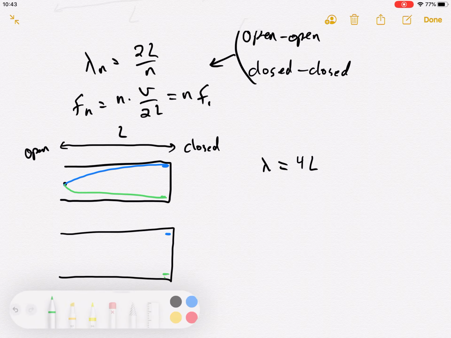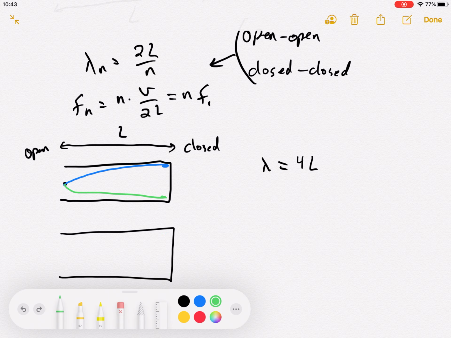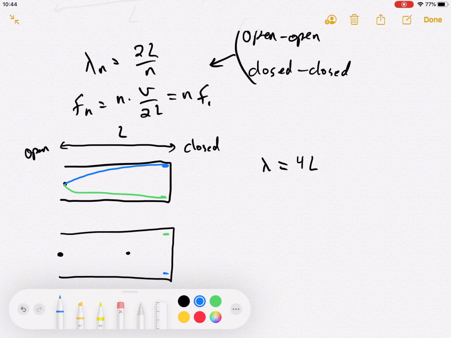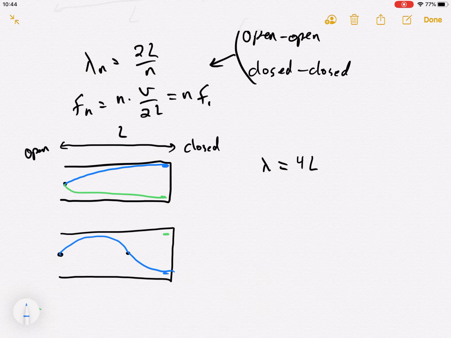If I'm not careful, I think maybe I need to put those backwards. Let's put the green one up here, and the blue one down here. And then I'm going to have a node at this end and another node in here, and that second node needs to go like right here, I think. Okay, so this does this, and this does that.